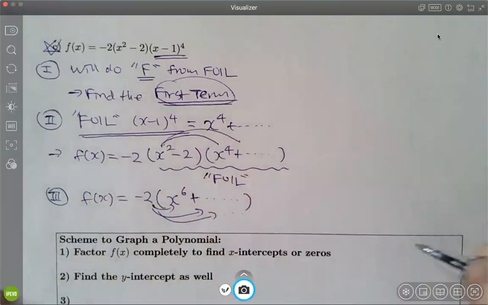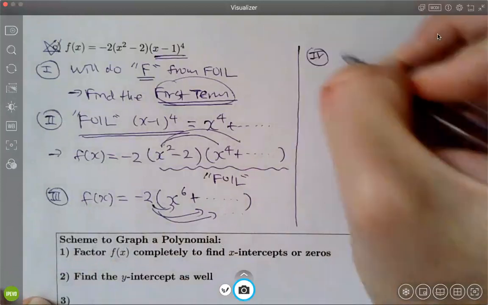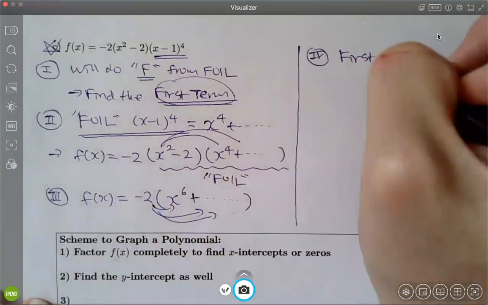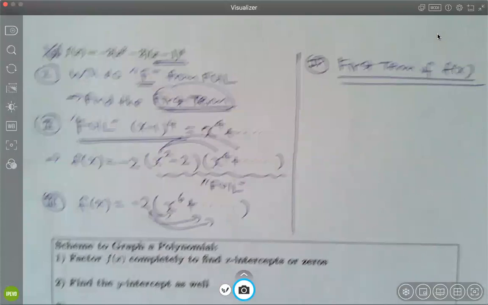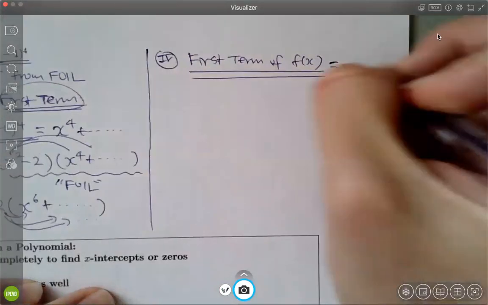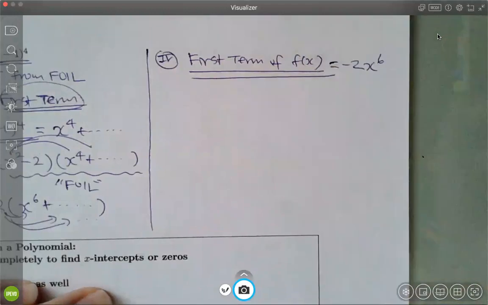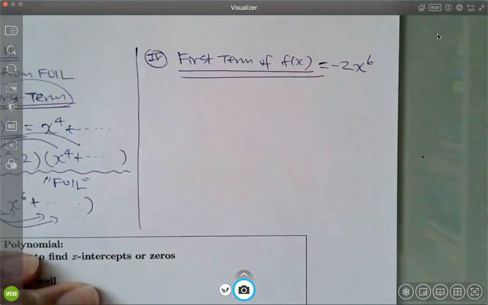So what is the first term of f of x? The first term of f of x is now -2x to the sixth power, and then something will happen in the back, which we don't know, but we don't need to know.